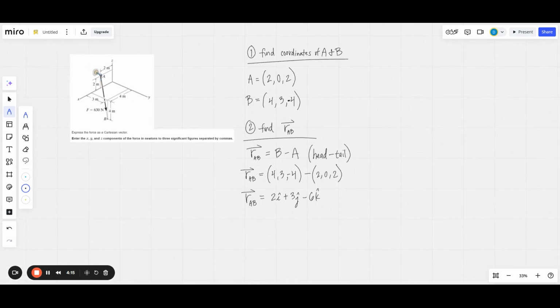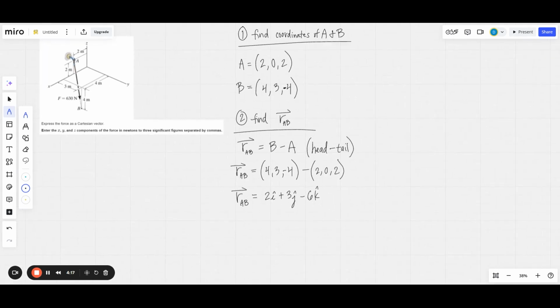And so we need to find a unit vector for AB. And you need to remember this formula. A position vector equals the magnitude of that position vector times the unit vector.